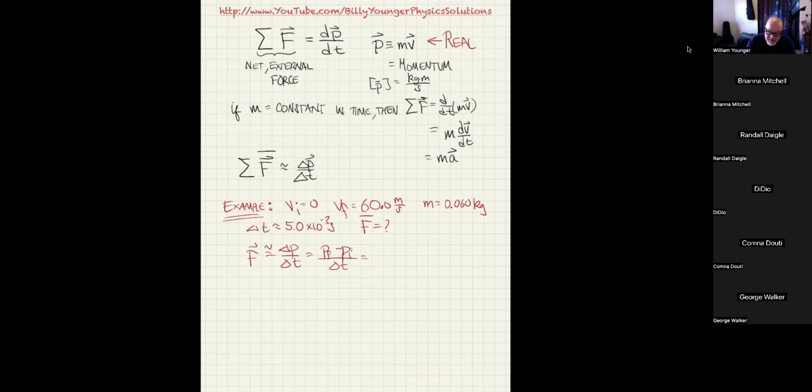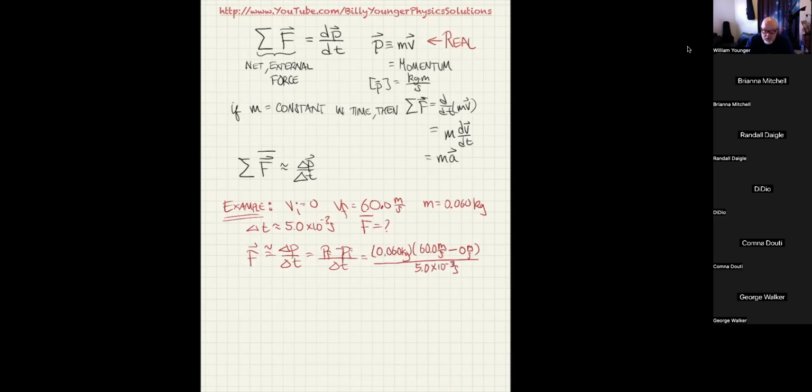So I'll go ahead and factor out the mass out front. I'm going to say 0.060 kilograms times V final, which is 60.0 meters per second, minus V initial, which is 0 meters per second. And then divide all that by 5.0 times 10 to the negative 3 seconds.